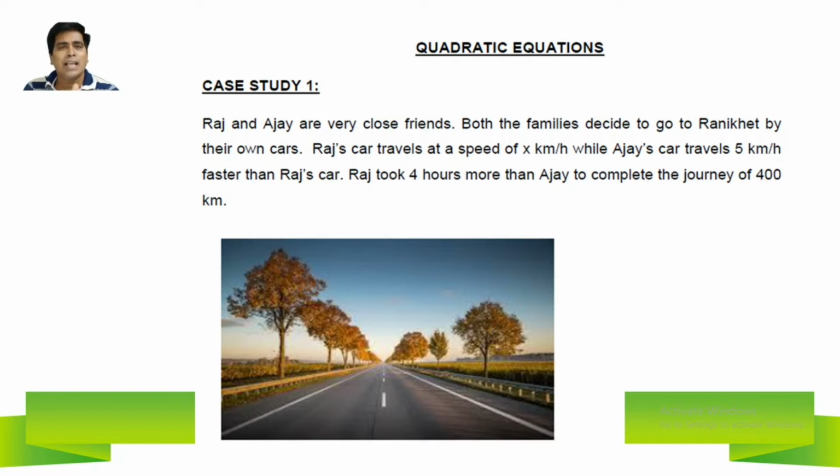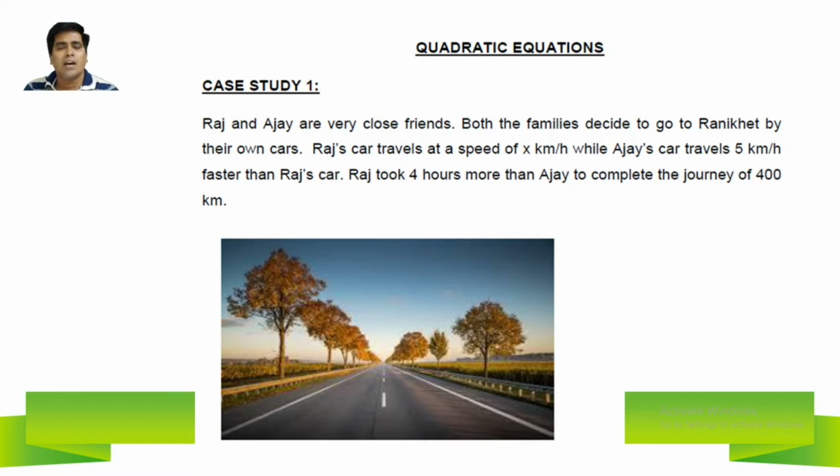Raj's speed is less than Ajay's speed. It is clearly given that Raj's speed is x kilometers per hour and Ajay's speed is 5 kilometers more than Raj's speed, so it becomes x plus 5.